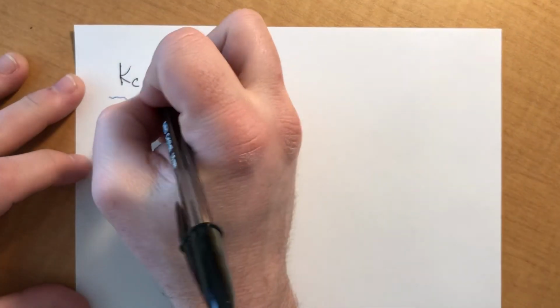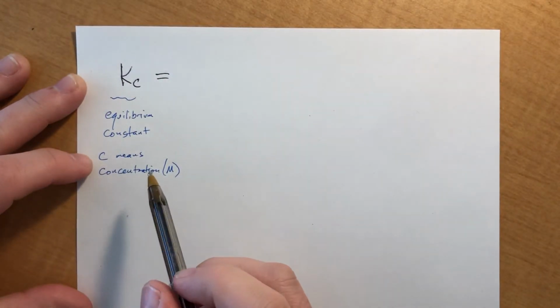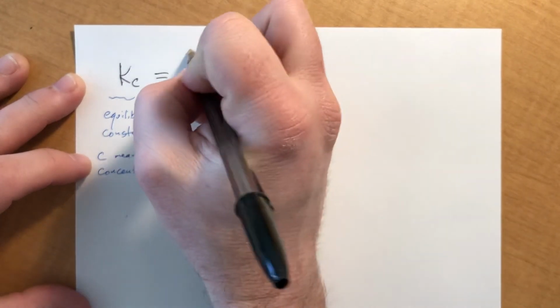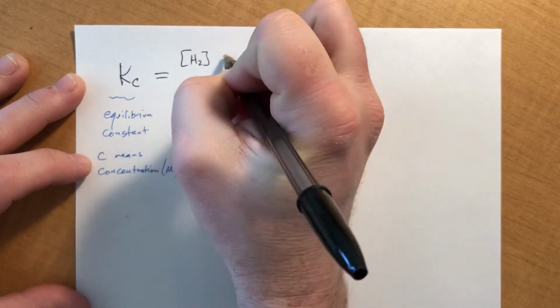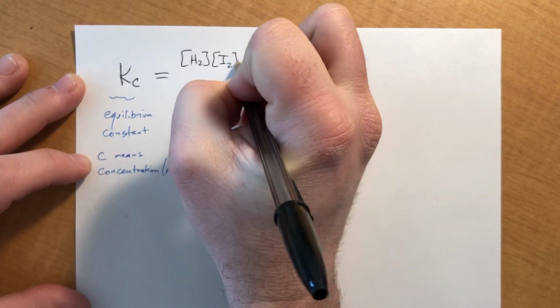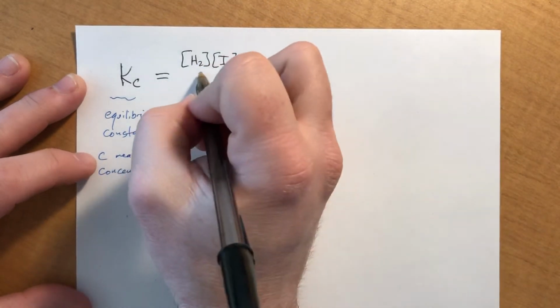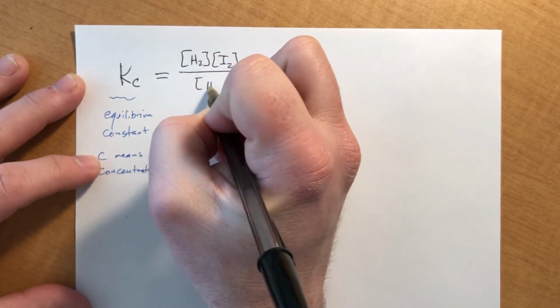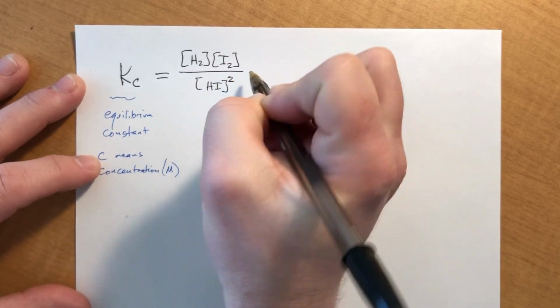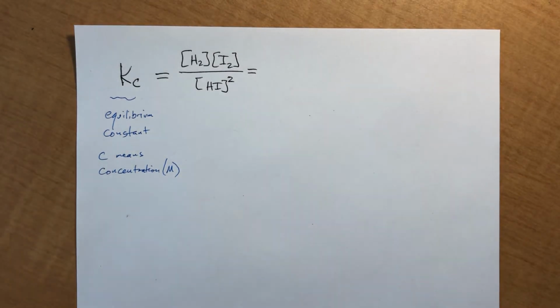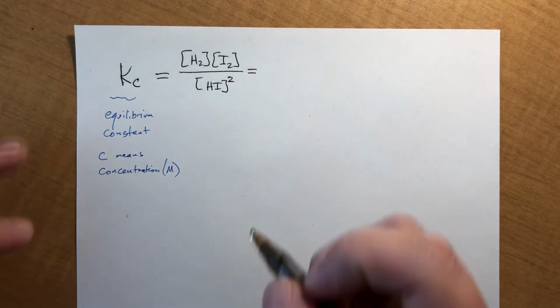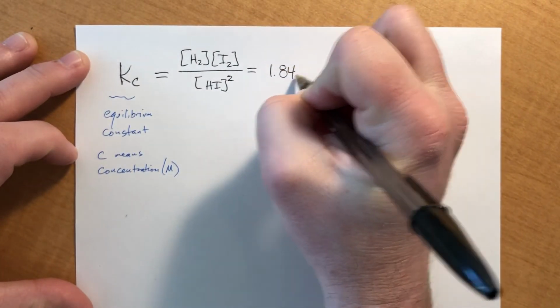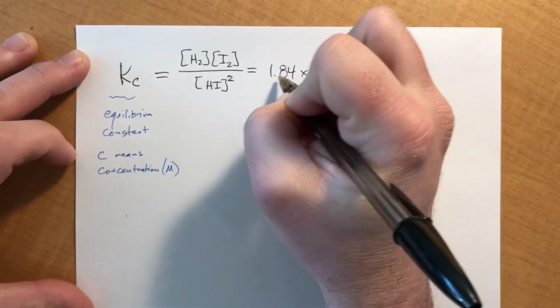Okay. It turns out for this particular reaction that the way that we describe the equilibrium is it's the concentration of H2 times the concentration of I2. These are multiplied, not added, divided by the concentration of HI squared. And the value for this particular reaction at this temperature, somebody measured it, is 1.84 times 10 to the negative second.